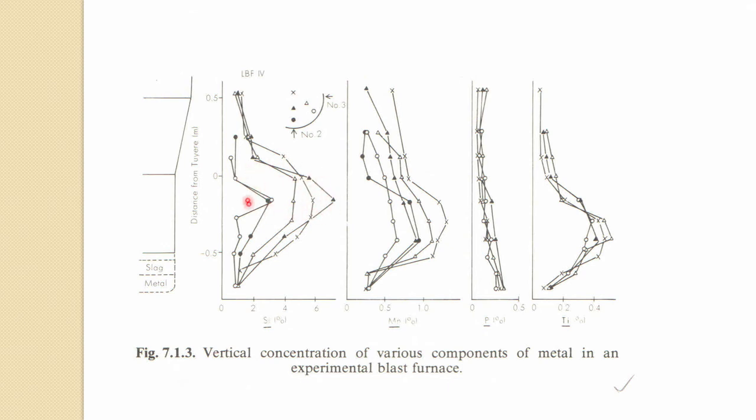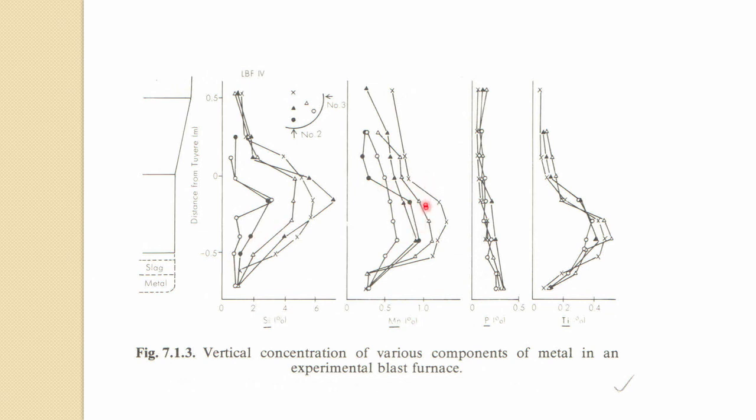Most of the silicon pickup is occurring from SiO vapor because it is forming here, and that depends on the radial direction, which is how these points are given. Most of the SiO vapor is picked up by the falling liquid metal and it absorbs the silicon. So silicon pickup is quite high.